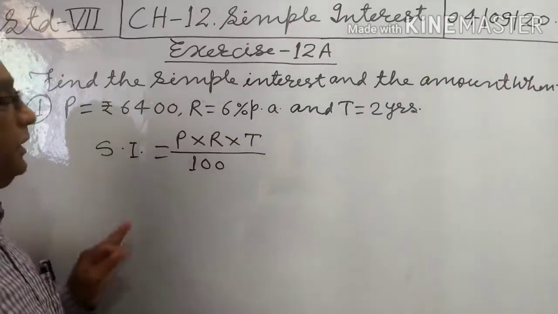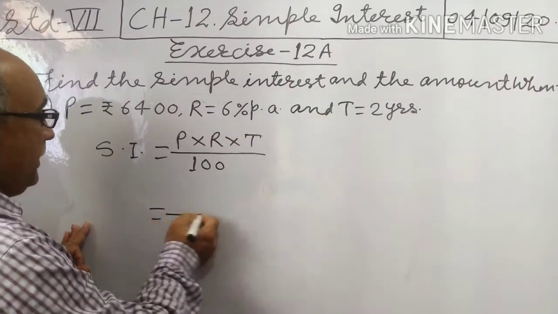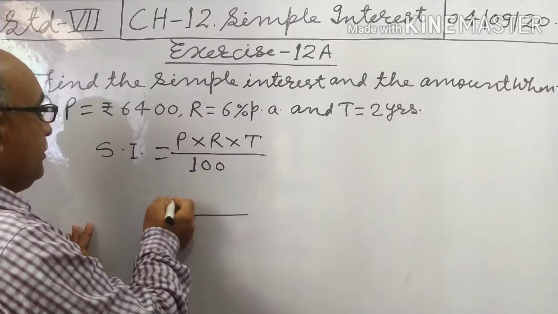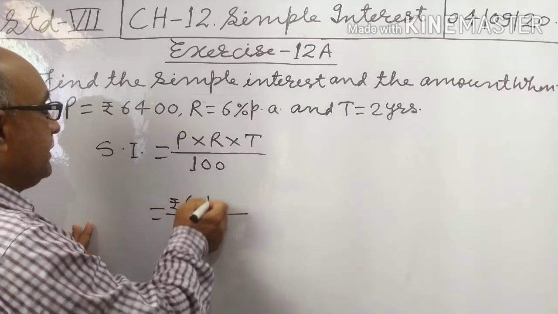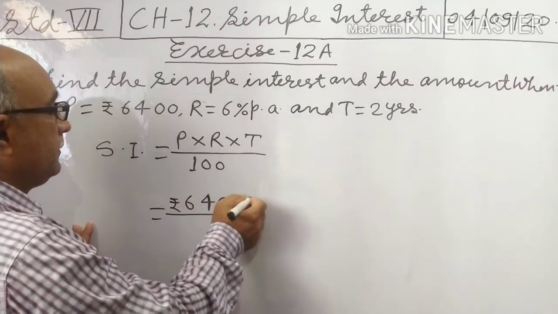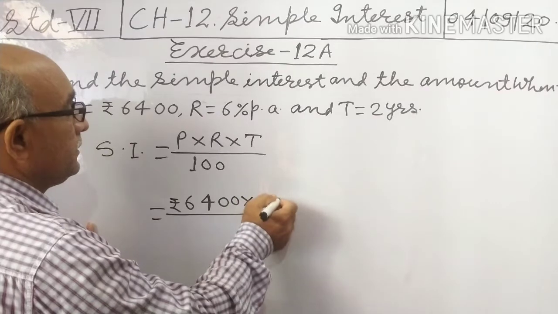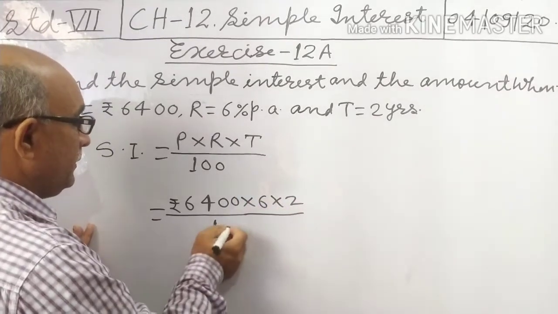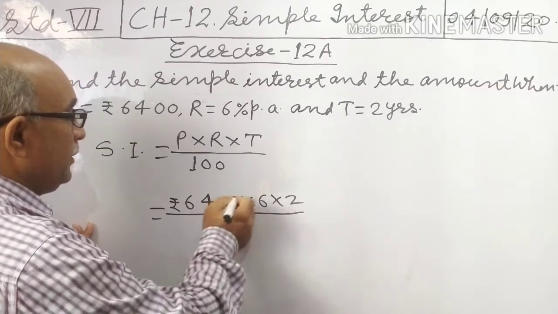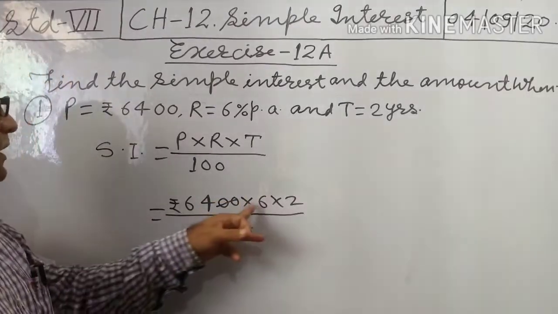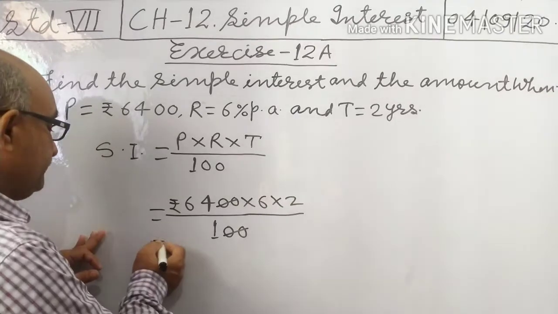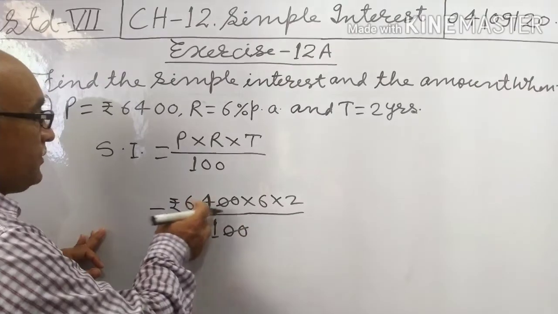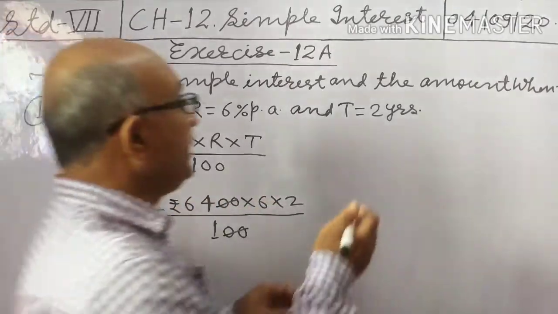Put the value of P, R and T: rupees 6,400 into 6 into 2 by 100. 00 to 00 cancel. 6 to the 12. 64 into 12.